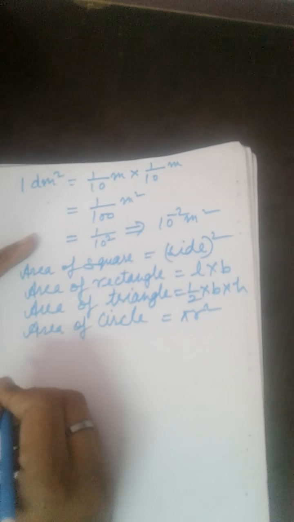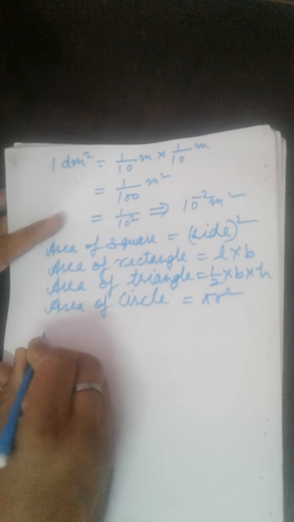Now we count the complete squares and mark incomplete squares within the outline, within the boundary. Now see how we find the area of leaf.